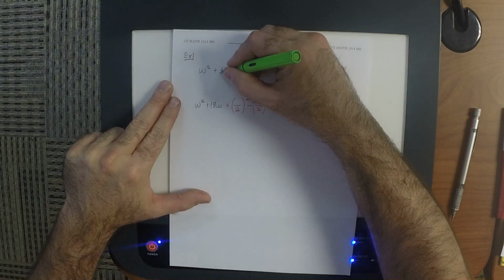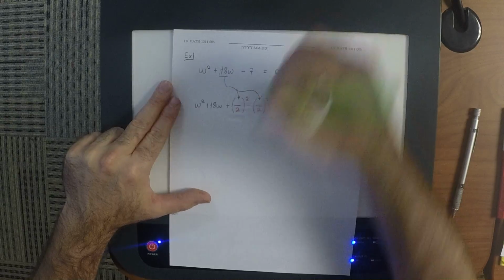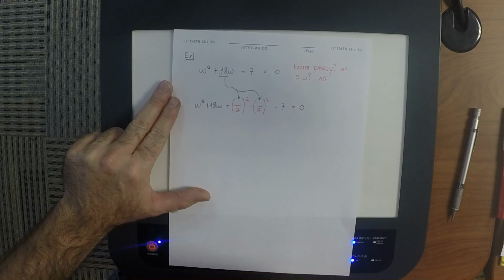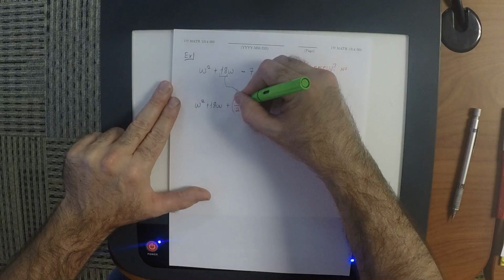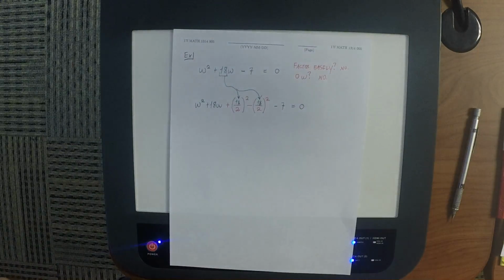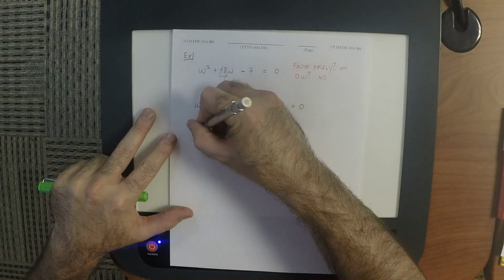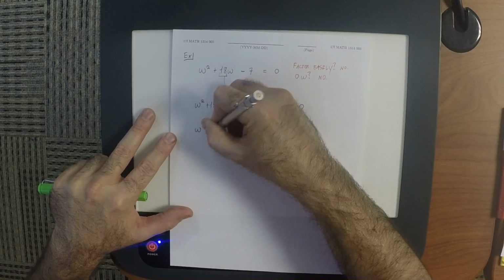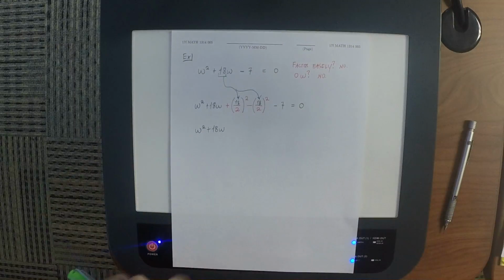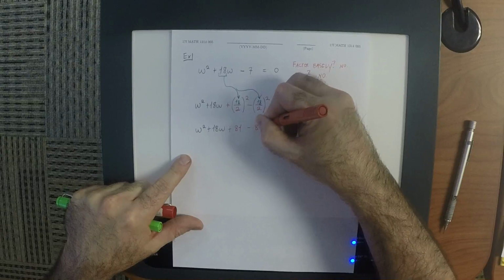It is this bit. That goes there and there. Okay, so you put the 18 here and the 18 here. Okay, so what's half of 18? 9, and then squared? 81. So what's being suggested is that we should add 81 and also subtract 81.